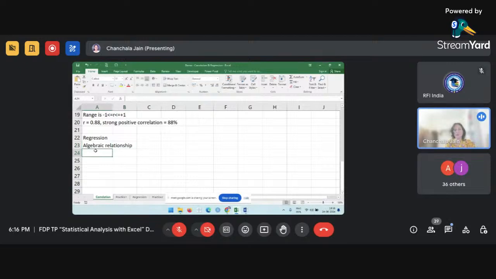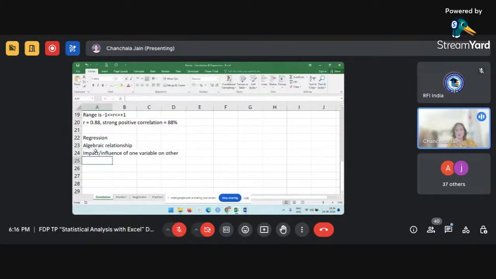So the purpose of regression is generally to find the impact or influence of one variable on another.